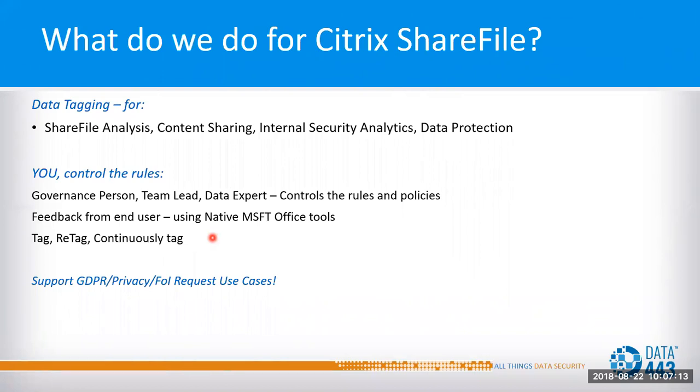If you're subject to other privacy or freedom of information requests or anything else related to a specific piece of content, whether it's personally identifiable information, whether it's even just a customer record, you would still need to search all these repositories again to get that information out.